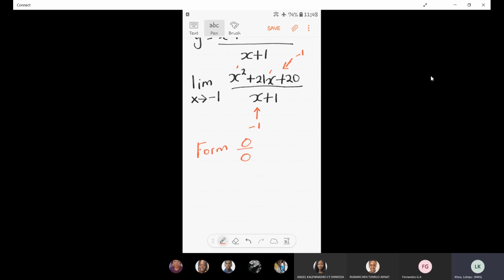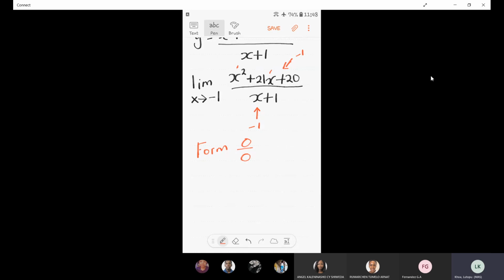So I'm looking for a limit, but when I substitute the limit point into the numerator, I get 0. And when I do the same thing in the denominator, I get 0. So I have 0 divided by 0. Now there are shorter ways of working out limits where you have 0 over 0.